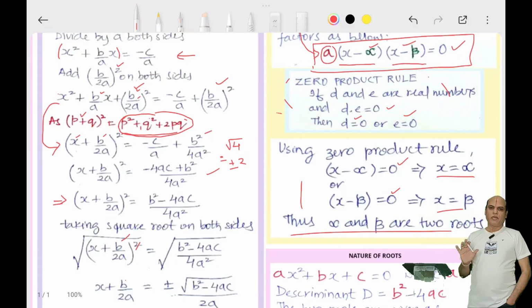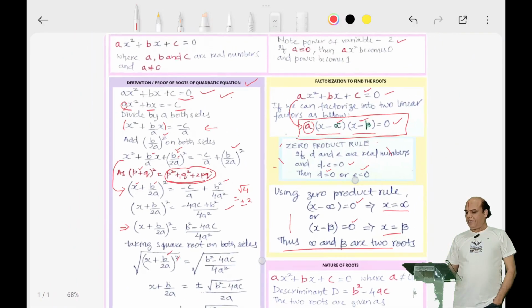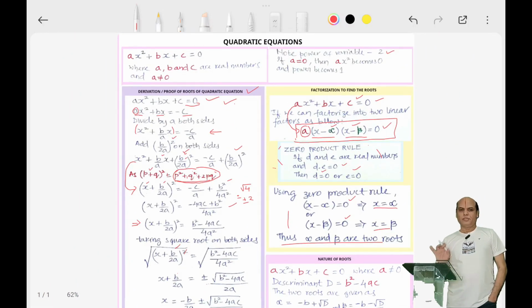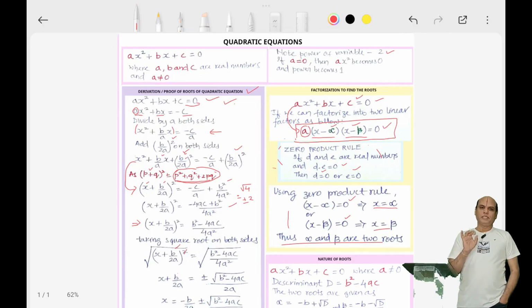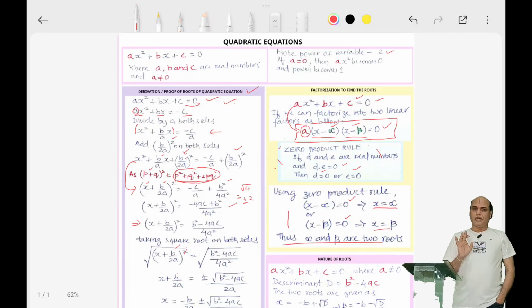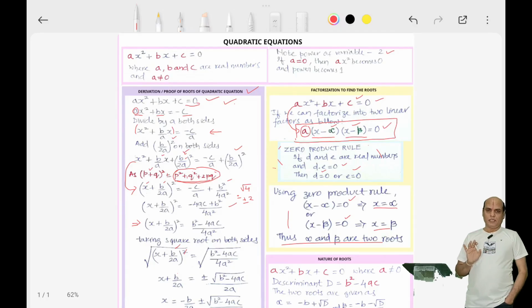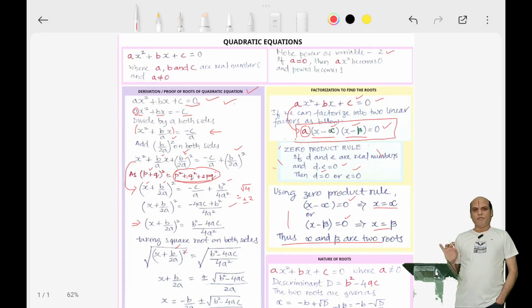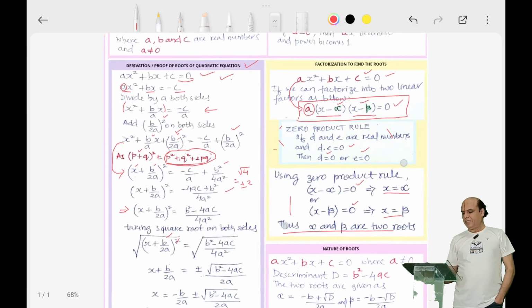Clear? So a quadratic equation is an equation where the power of variable is 2. So generic form is ax square plus bx plus c is equal to 0. The roots of quadratic equation can be found in two methods. One method is solving for the roots as an expression of coefficients, and the second method is expressing the quadratic equation as product of linear factors and finding the two roots.